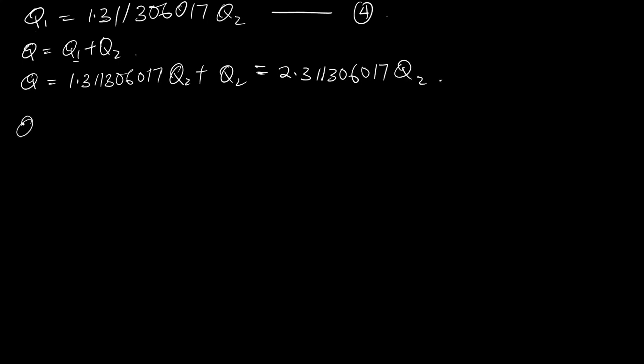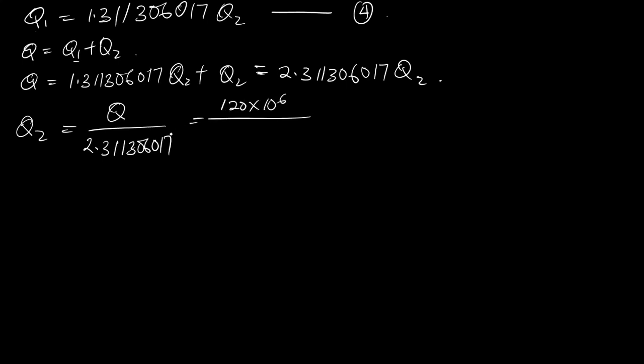So Q2 is equal to Q all over 2.311306017, and Q is equal to 120 times 10 raised to power 6 divided by 2.311306017.